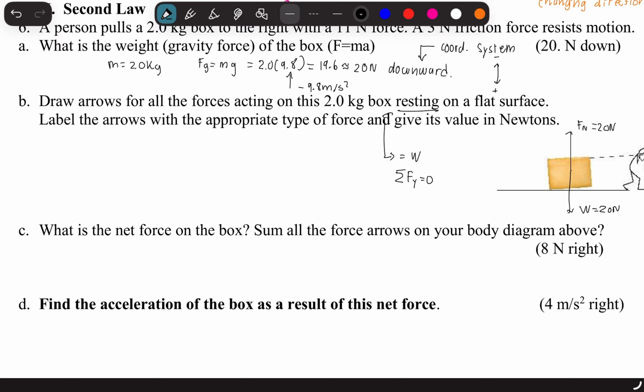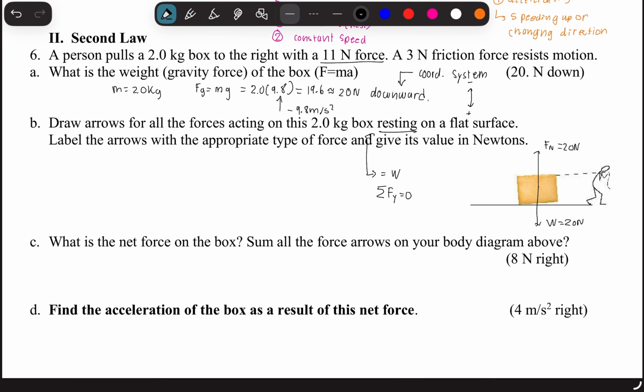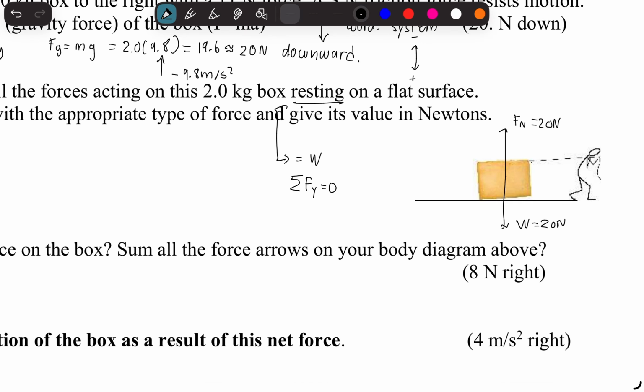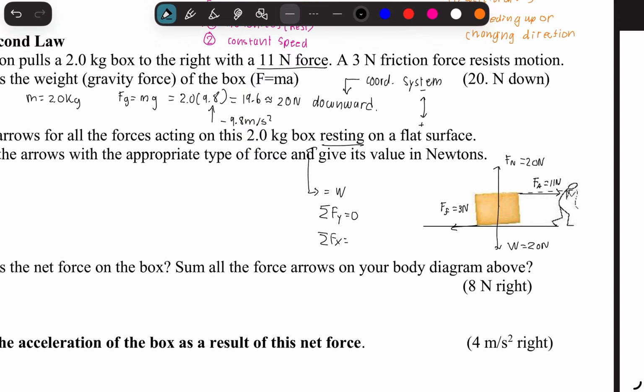Now, we have an applied force of 11 newtons, and it's going to the right. So we can write that this applied force, Fa, is equal to 11 newtons. And then for our friction, we can write that it's going to be 3 newtons, so our Ff is going to equal 3 newtons. It's going to be smaller because our summation of Fx... let's see.